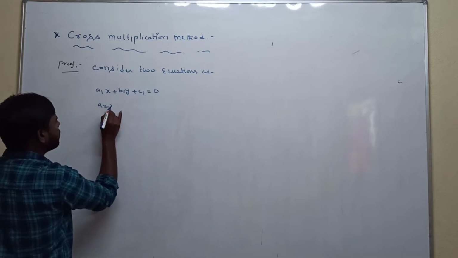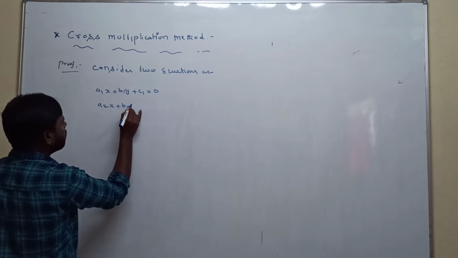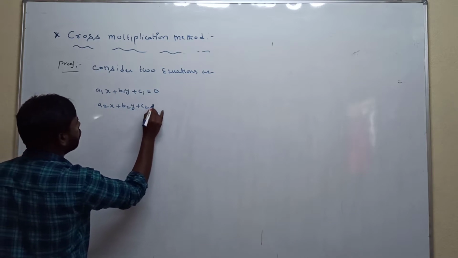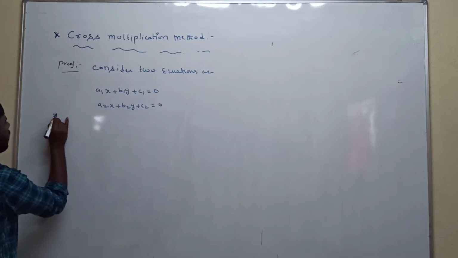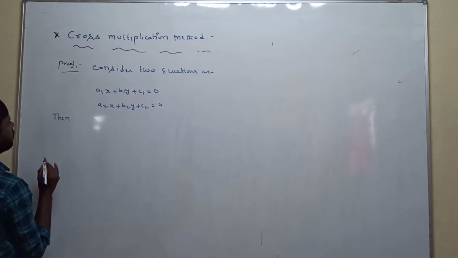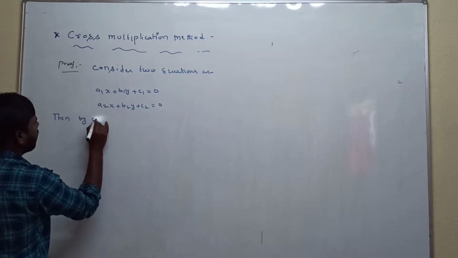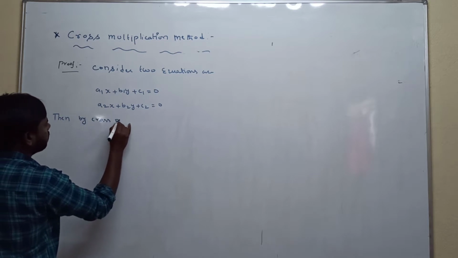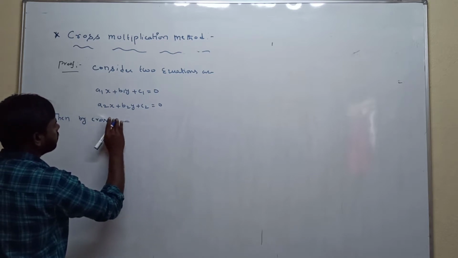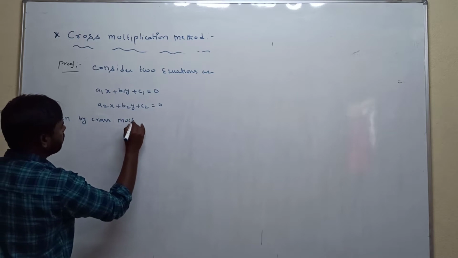The second equation is a2x plus b2y plus c2 is equal to 0. Now apply the cross multiplication method.